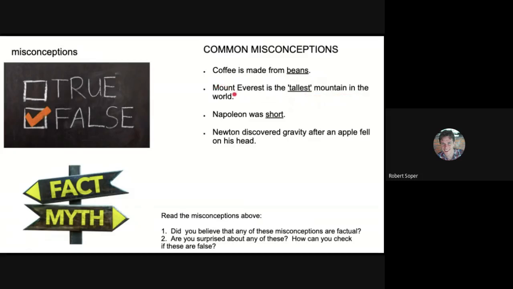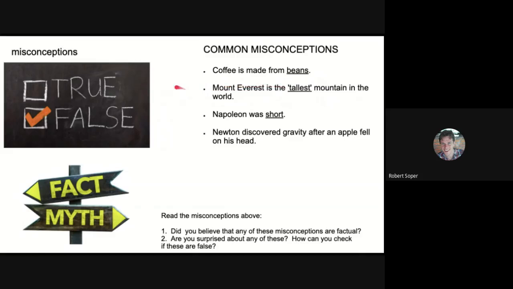One mountain, even though it doesn't go up as high as Everest, actually is taller, and that's because its base is in the sea. There is a mountain called Mauna Kea, which is technically taller than Everest.